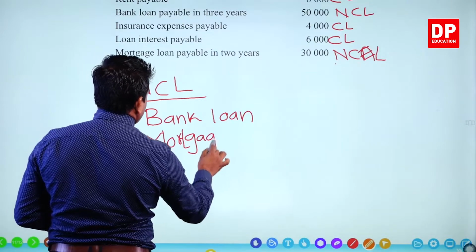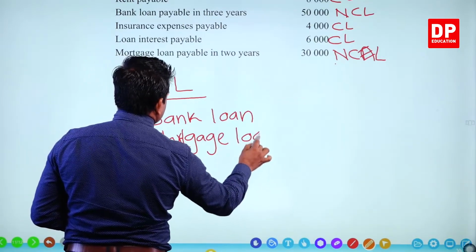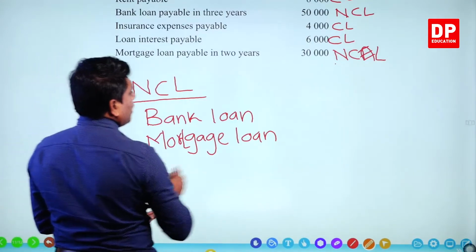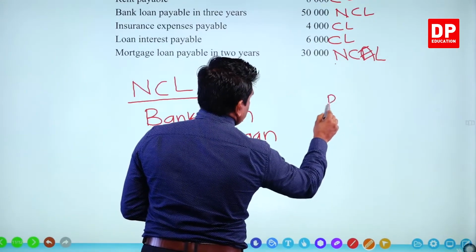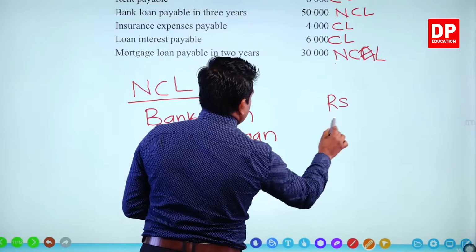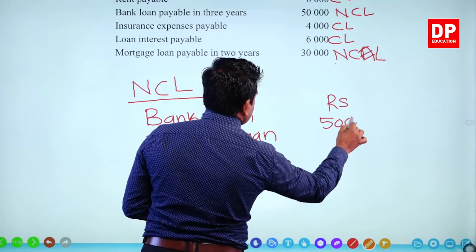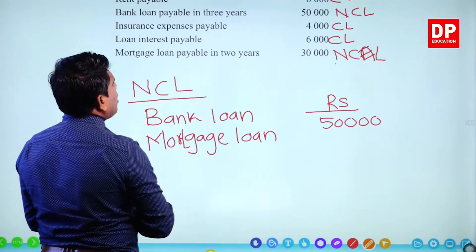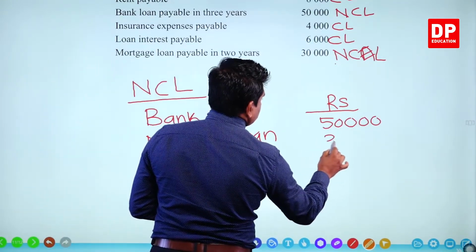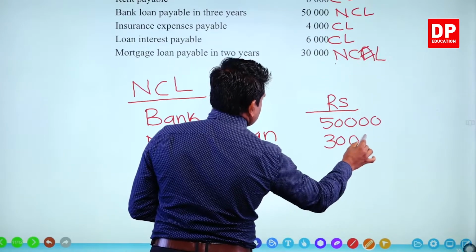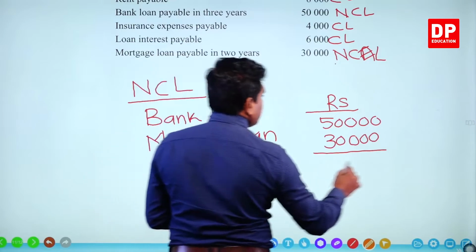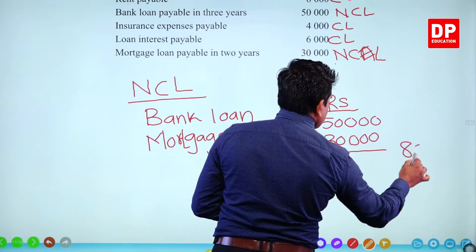How much is the bank loan? 50,000. Mortgage loan, 30,000. How much is the total of non-current liabilities? It's 80,000.